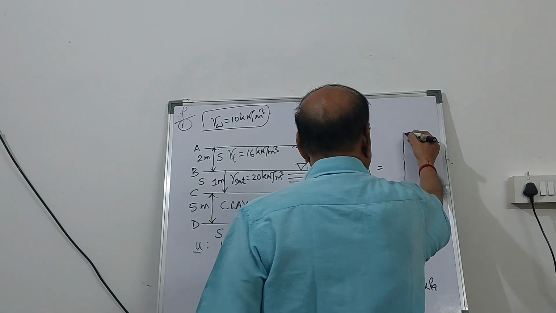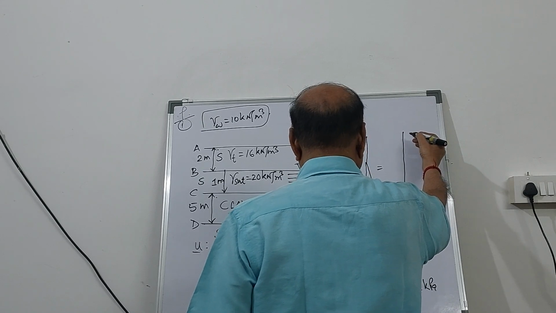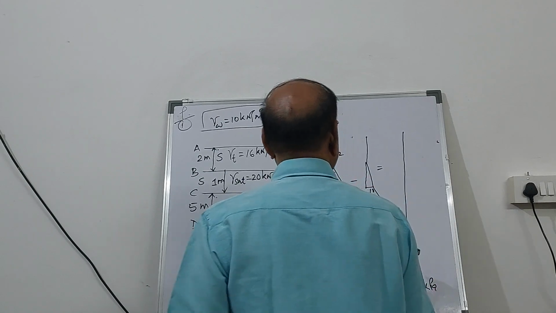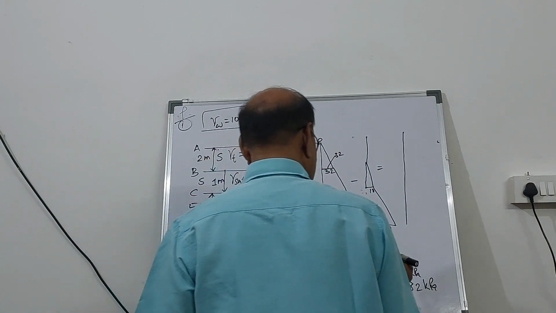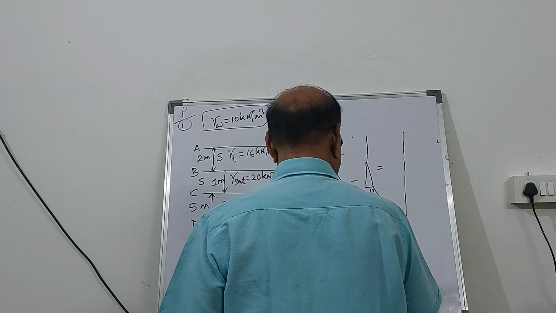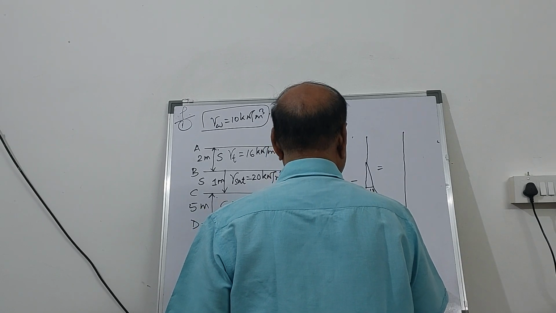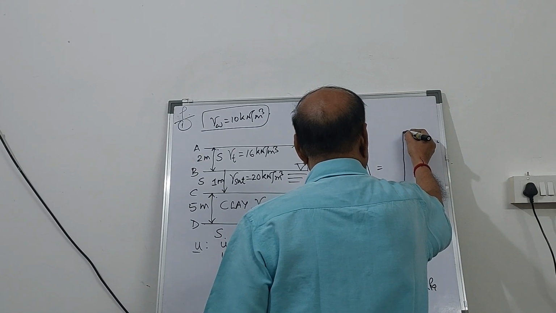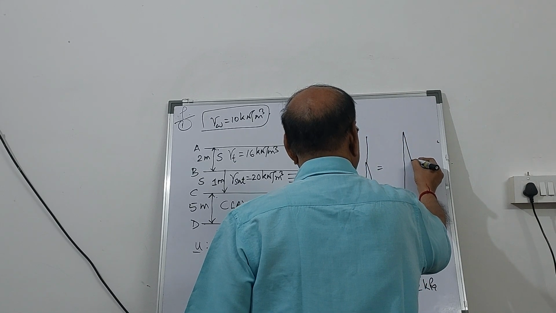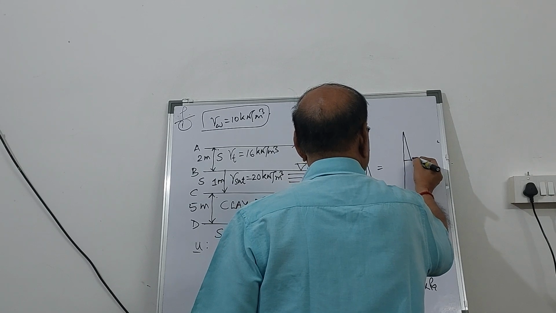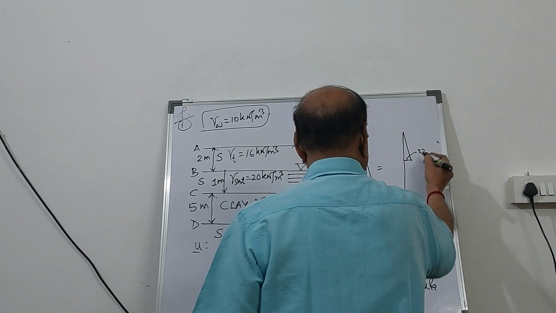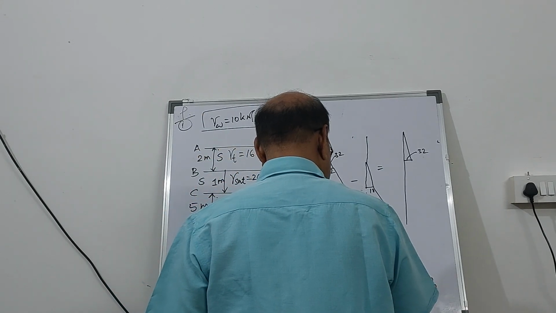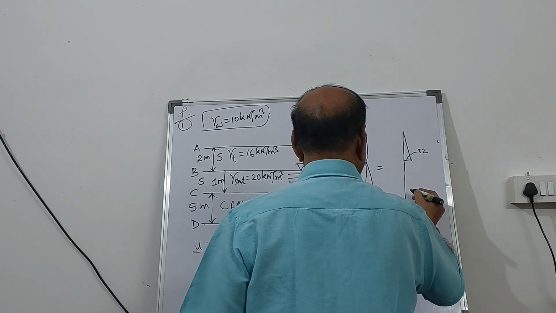So at top it is 0, and then at BB it is not 0, but it is 32. So from here it has become 32 at BB, and then at CC it is 42.